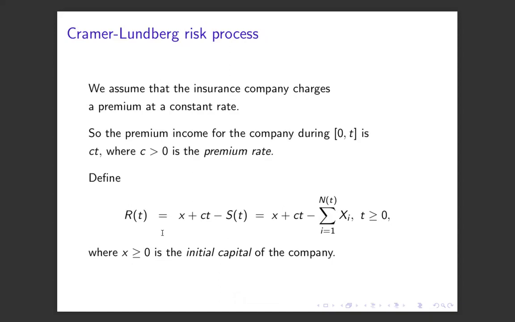So now note that this is the initial capital. c times t is the total premium income during 0 to t, and S(t) is the random element. This is the total claim amount the company will have to pay during 0 to t. So therefore, this will denote the capital with the company at time t.